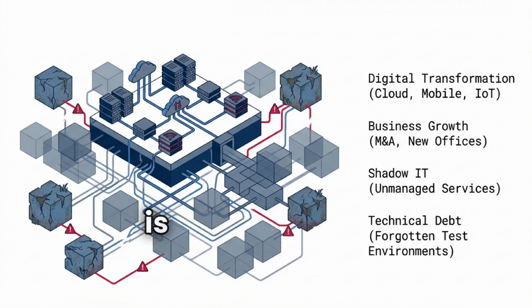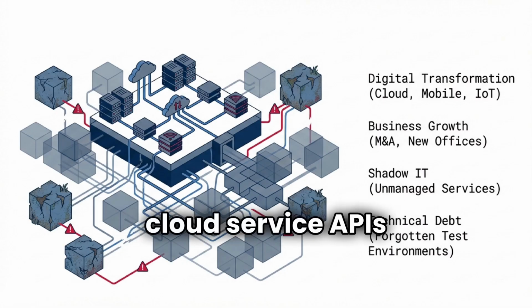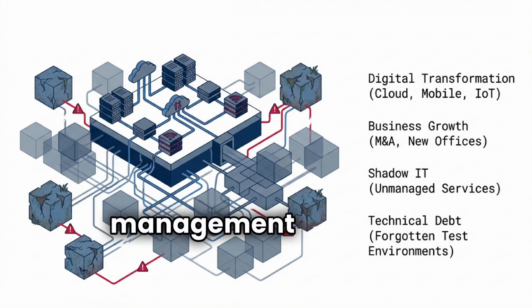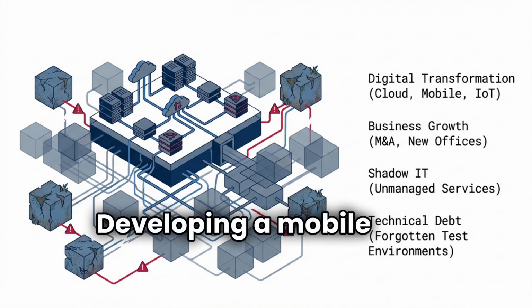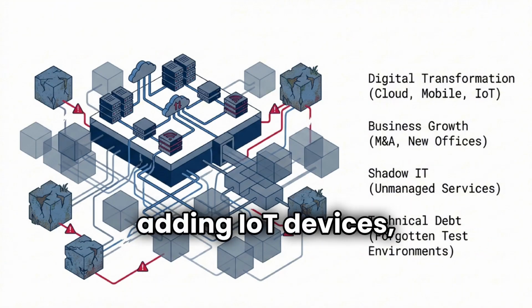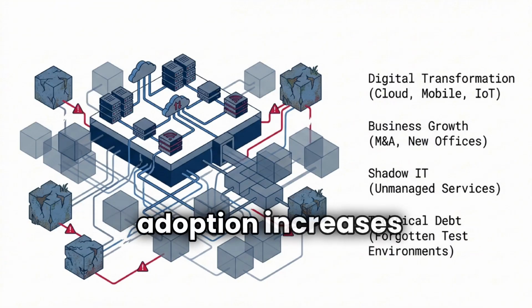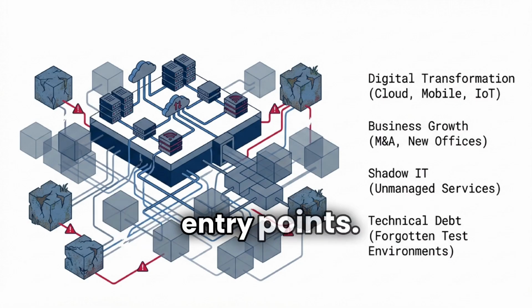Digital transformation is a major driver. Moving to the cloud. You just expanded your attack surface to include cloud infrastructure, cloud service APIs, and identity and access management systems. Developing a mobile app, new attack surface. Adding IoT devices, more attack surface. Every new technology adoption increases the number of potential entry points.